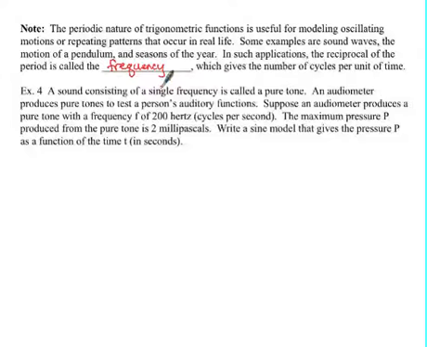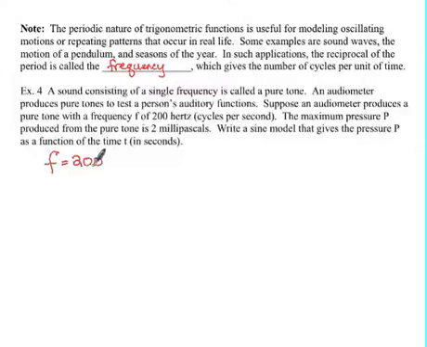So in example 4, a sound consisting of a single frequency is called a pure tone. An audiometer produces pure tones to test a person's auditory functions. Suppose an audiometer produces a pure tone with a frequency of 200 hertz. The maximum pressure P produced from the pure tone is 2 millipascals.